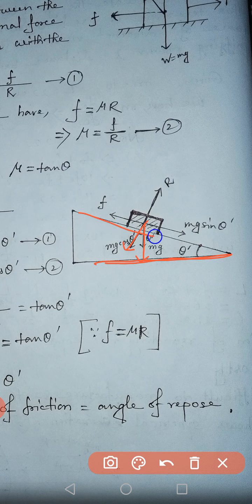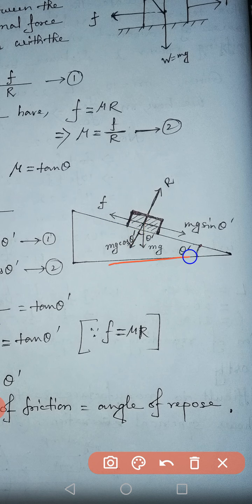If the angle between this plane and this plane is theta dash, then the angle between their perpendiculars is also theta dash. Which are the two vectors perpendicular to these? mg is perpendicular to this, and mg cos theta is perpendicular to this. So the angle between mg and mg cos theta dash will also be theta dash. I think it is clear.